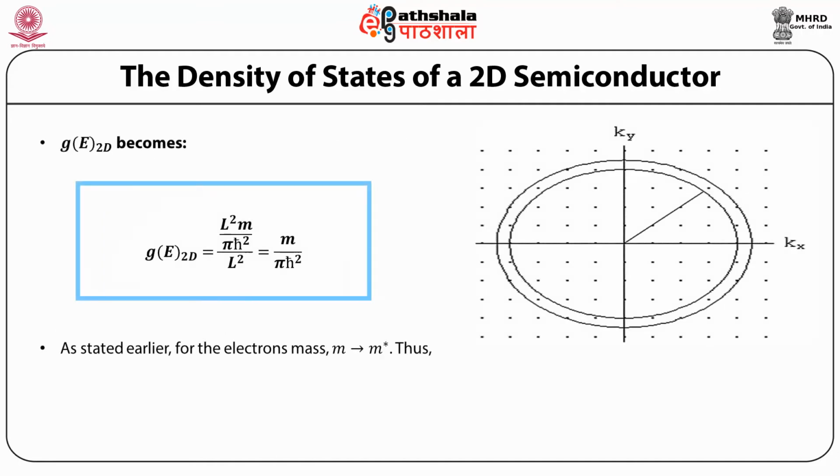So G(E) for 2D is equal to L square m by pi h cut square by L square, equal to m by pi h cut square. As mentioned before, for the electrons, mass m tends to m star, thus G(E) for 2D equals m star by pi h cut square.